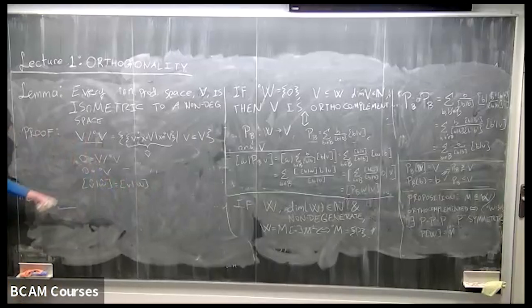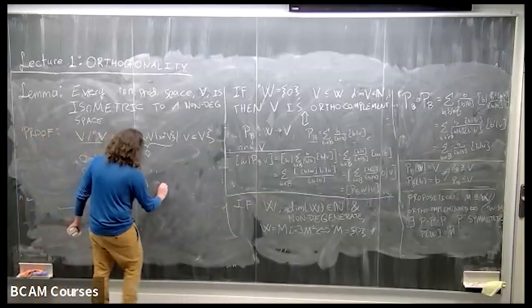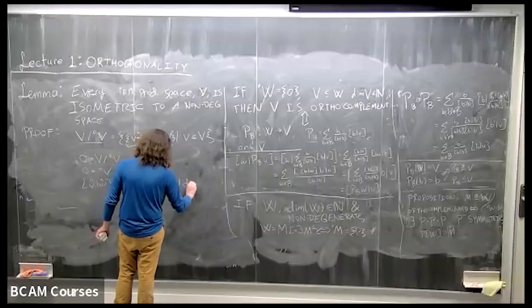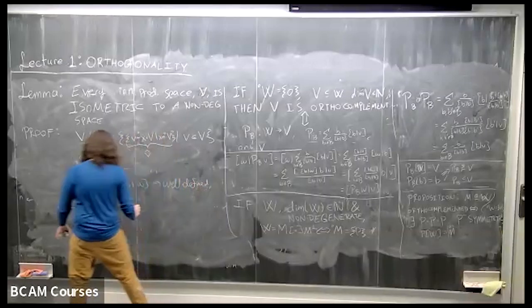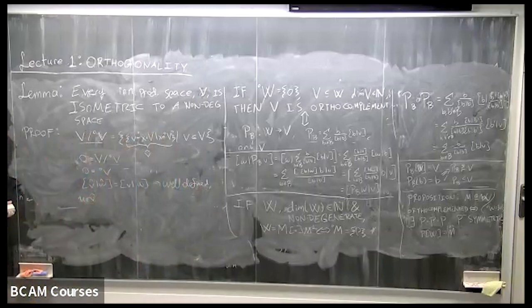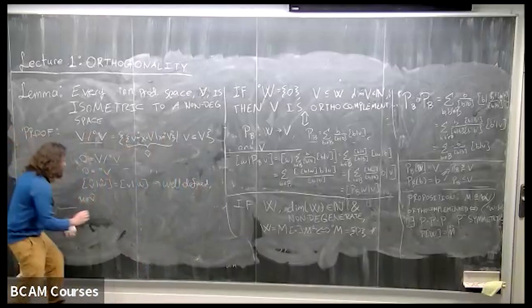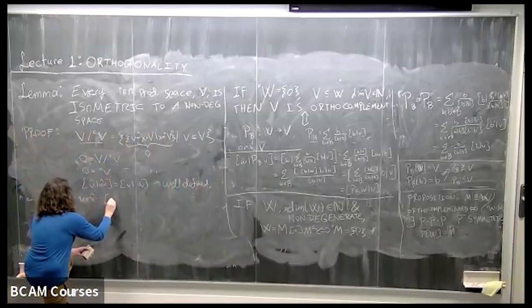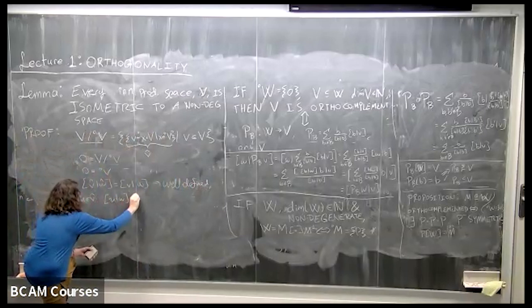And this is well defined. So if I give you two different vectors, V and W, that have the same equivalence class, then this inner product will end up being identical. And this basically follows from the fact that, okay, actually, let's just quickly show that this is well defined. I can take some other U in V hat, which might not be equal to V. And then what I want to show is that UW equals VW.